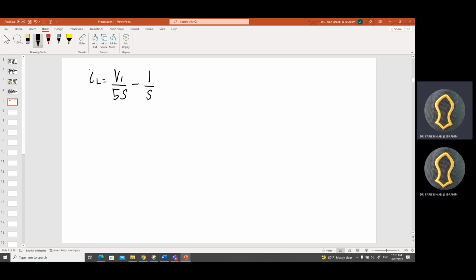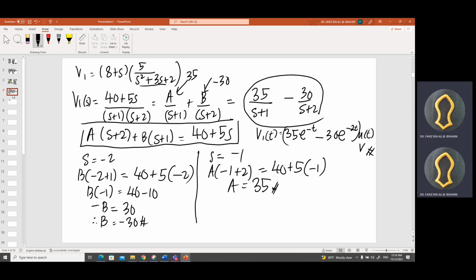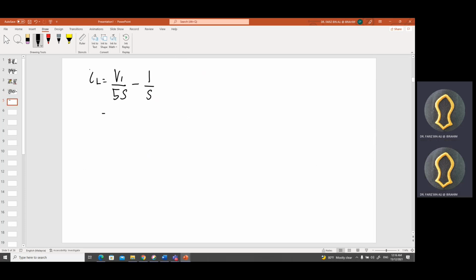Start from there. So my V1 is 40 plus 5s over (s plus 1)(s plus 2), over 5s. You see here. Okay, minus 1 over s.